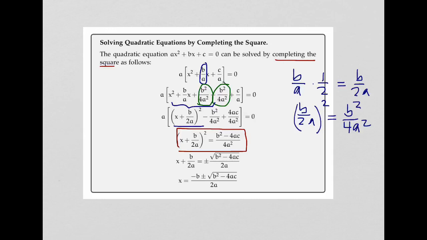At this point here, we square root both sides to get our final solutions. x equals minus b plus or minus square root of b squared minus 4ac, all divided by 2a. These are the solutions of the quadratic equation ax squared plus bx plus c equals 0.